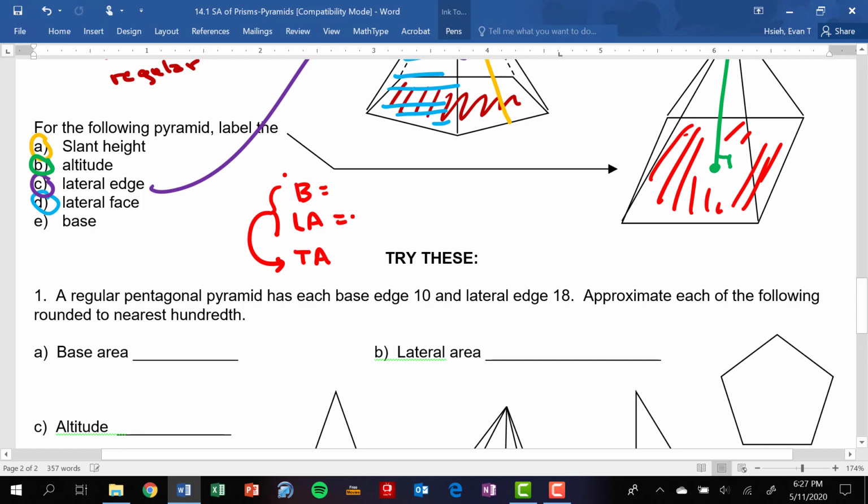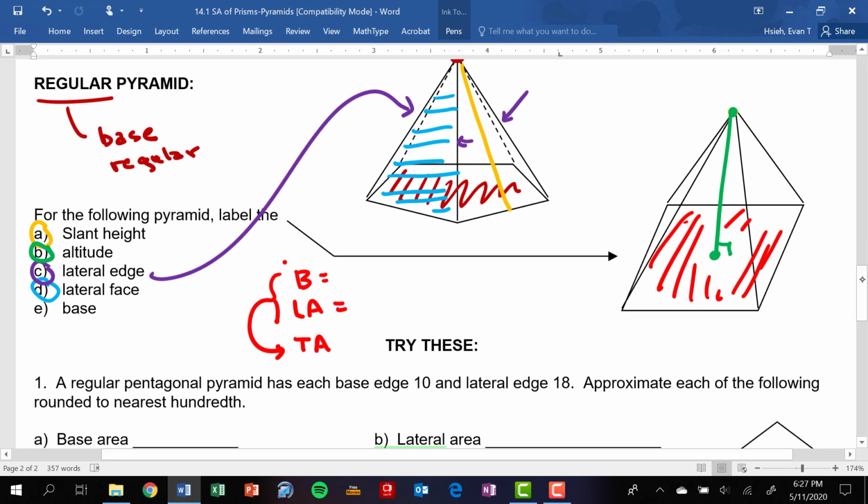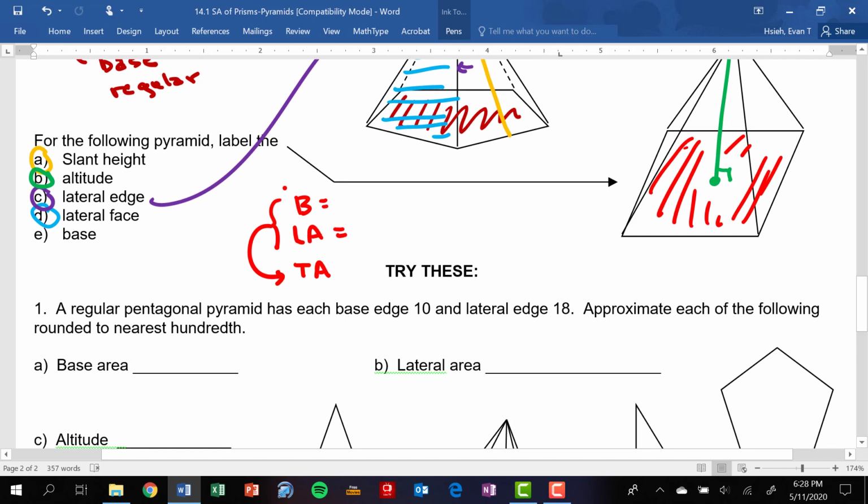There is a formula for the lateral area. You can find the lateral area if you can find one of the isosceles triangles. You just multiply it by the number of isosceles triangles that you have. Or you can use this formula, which is 1/2 of the perimeter of the base times the slant height. This is the slant height right there.